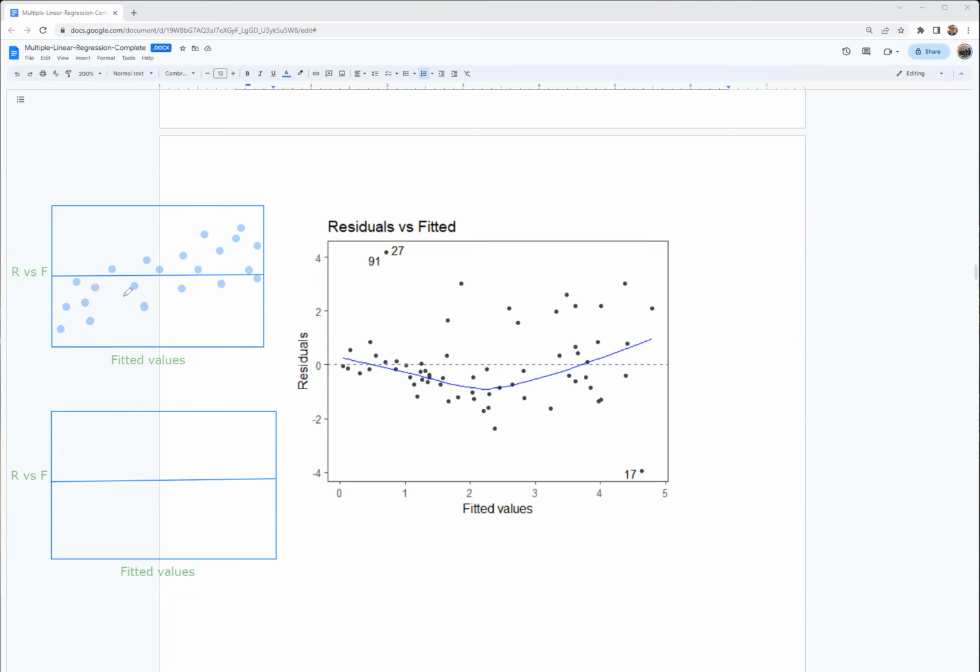The errors or residuals need to be independent of the fitted values. And this is an example of a linear or straight line relationship between the two. But you can also have non-linearity. So you could have something like this, where it's an oscillating pattern.